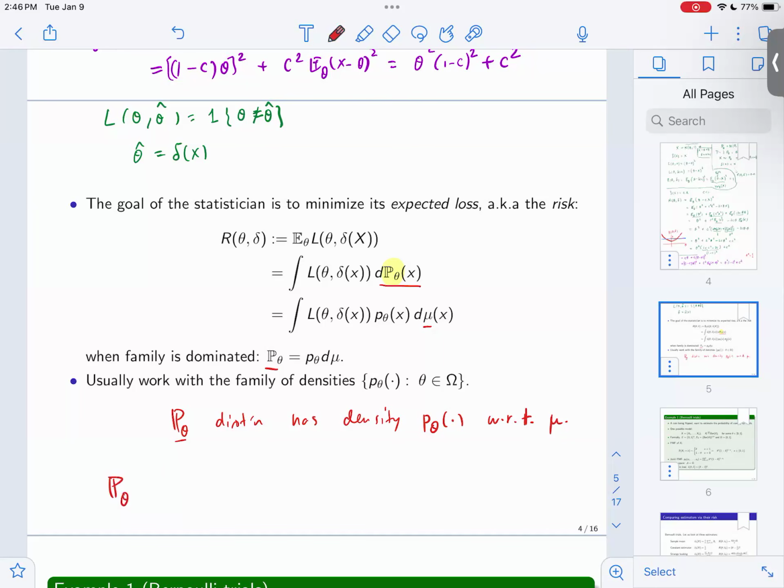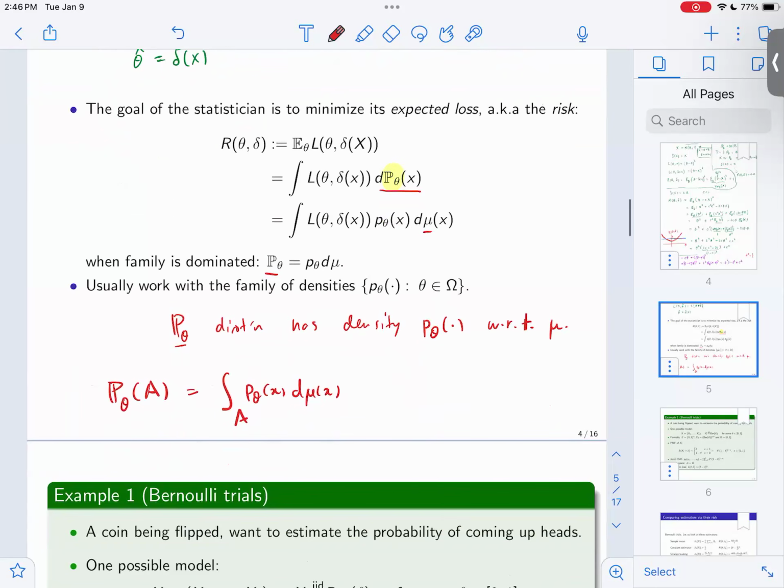P theta is the probability measure, a set function, so P theta of A can be written as the integral of this density against this measure over A. So the difference is that this is a set function assigning numbers to sets, and the density is a function on X. They're related by this formula, so you integrate. Yes, is capital P a CDF? No, it's not a CDF. It's the distribution. It's a measure.